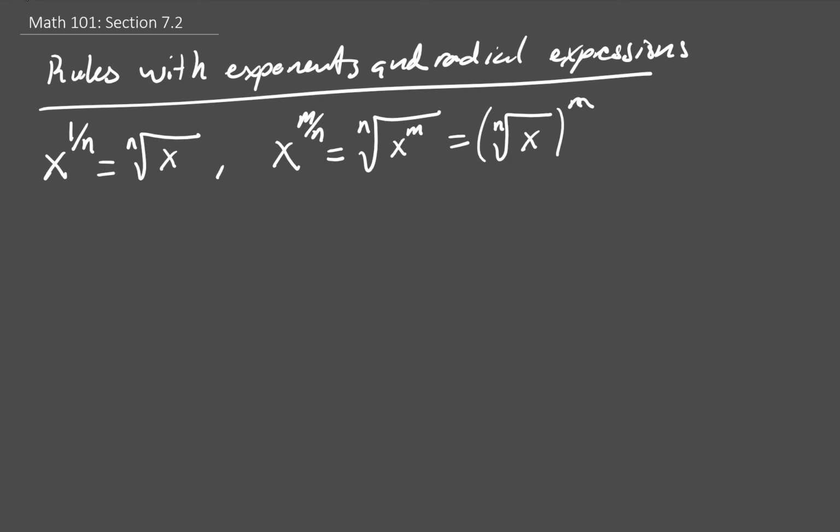And we've got our other basic rules, right? For exponents, x to the a times x to the b is x to the a plus b, and that works if a and b are fractions too. x to the a to the b is x to the a times b.